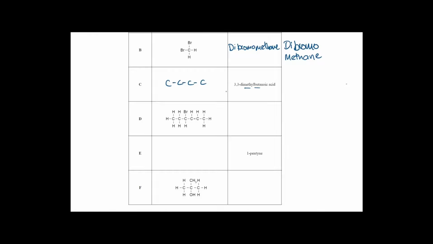Now, how do we work out what else is going to happen here? So there is butanoic acid. So what does that mean for us?